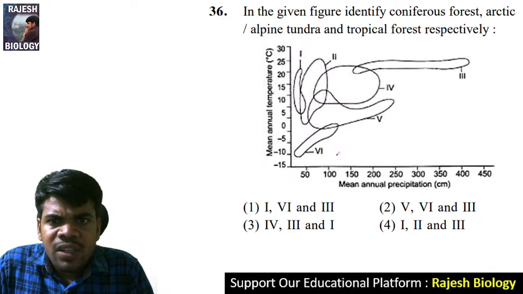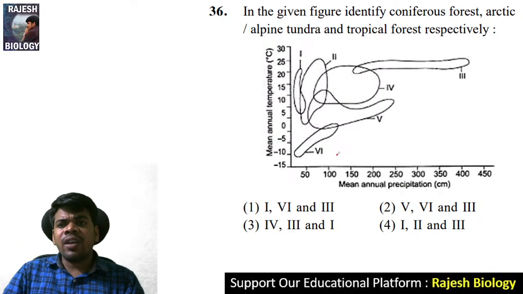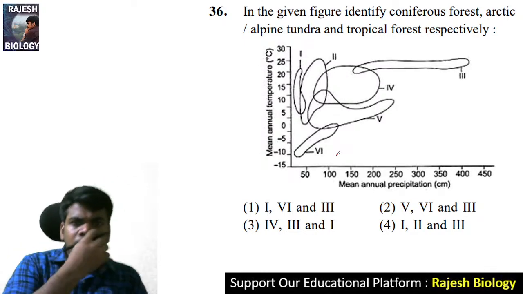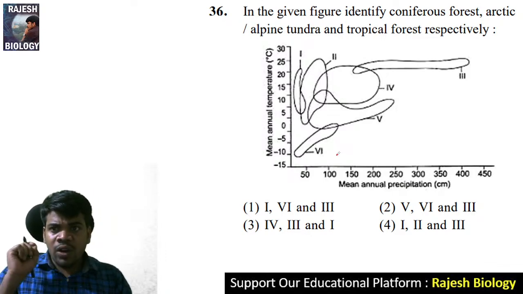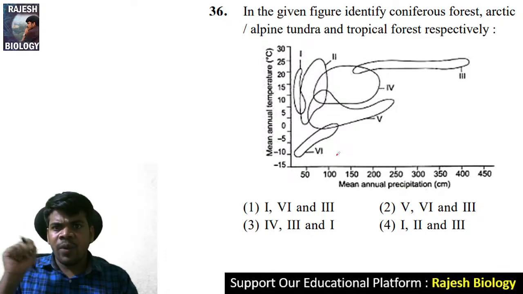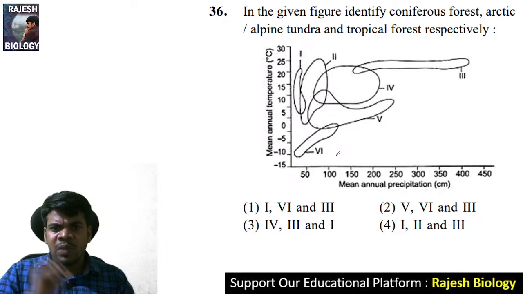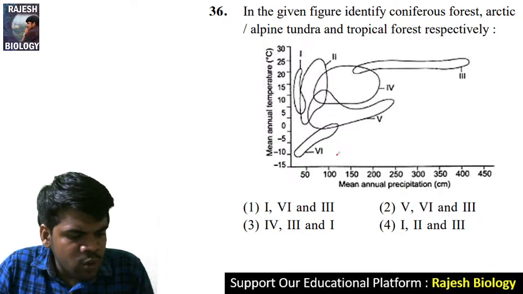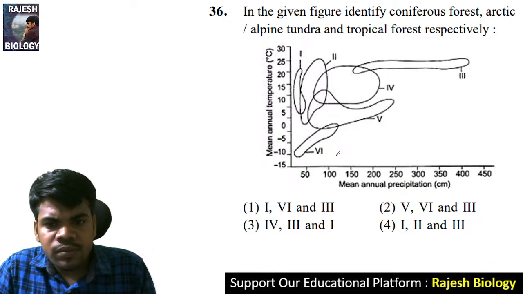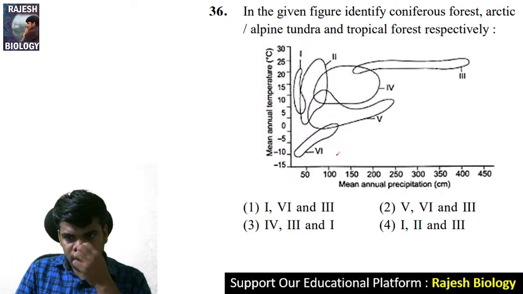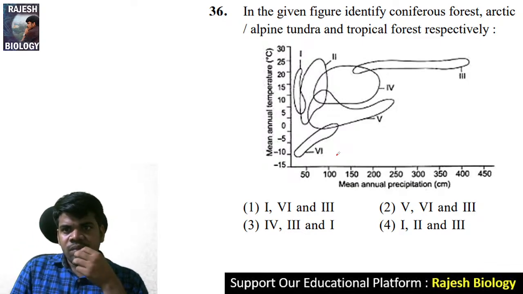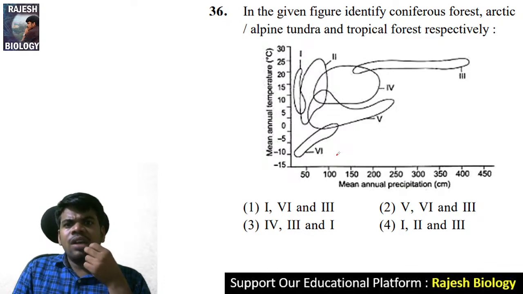36. In the given figure, identify coniferous forest, Arctic or alpine tundra, and a tropical forest respectively. 36th question. Coniferous, Arctic tundra, and tropical forest.